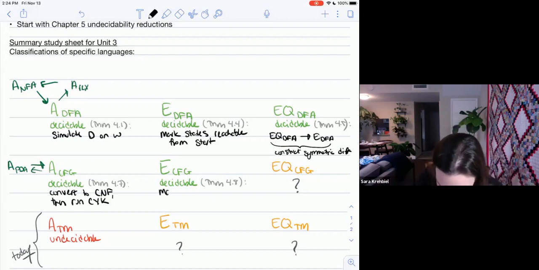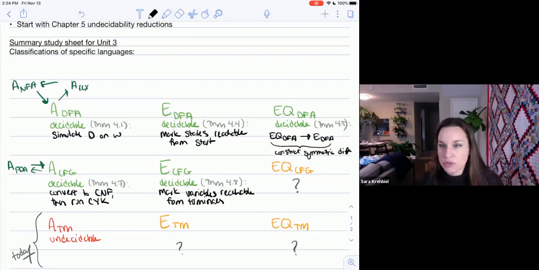So I could describe this as: mark all the variables reachable from all-terminal strings and see if start gets marked.